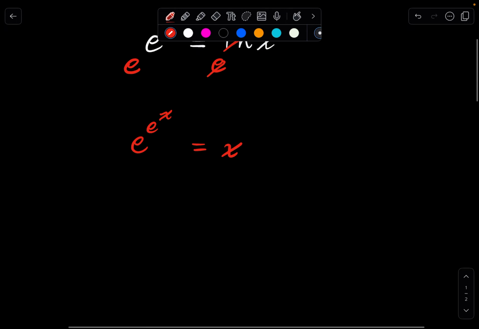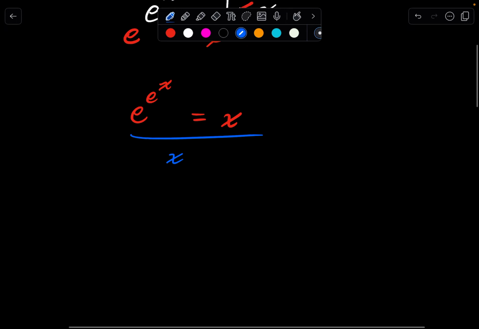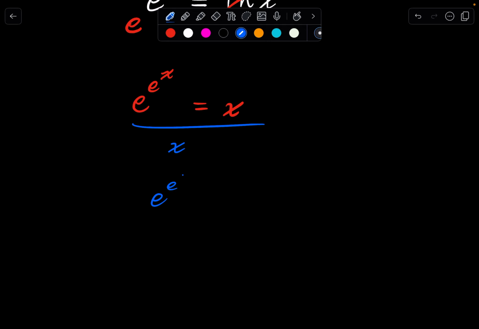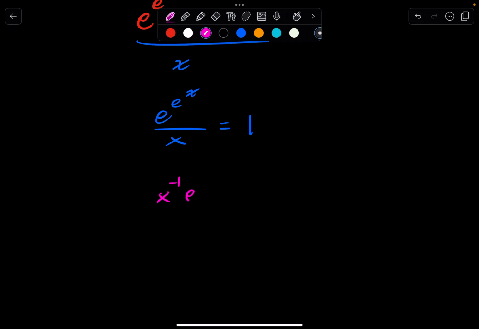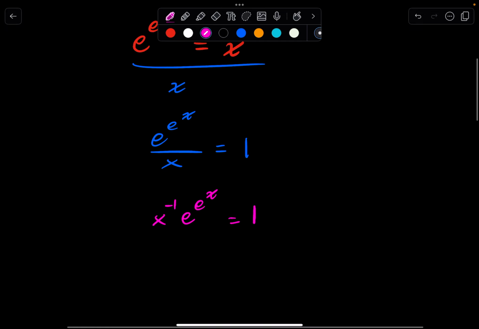So maybe if we divide both sides by x, we can get somewhere. Let's see. e to the x over x equals 1. Not quite. So maybe let's try this. Maybe we can write this over x in terms of a negative exponent. So I have x to the negative 1, e to the x equals 1.